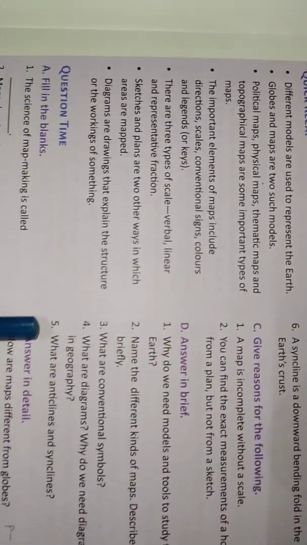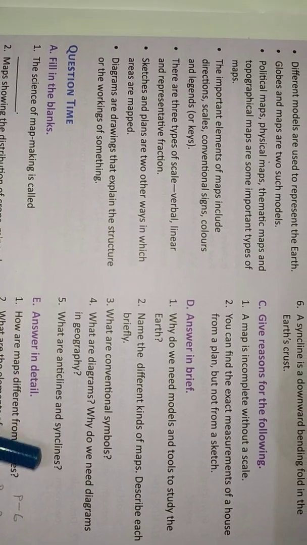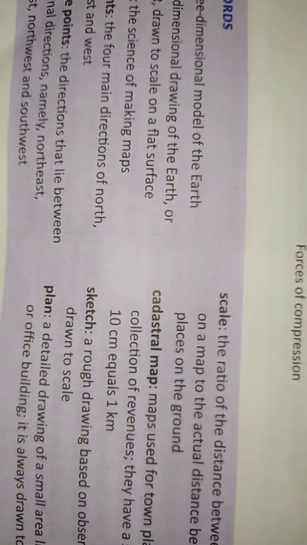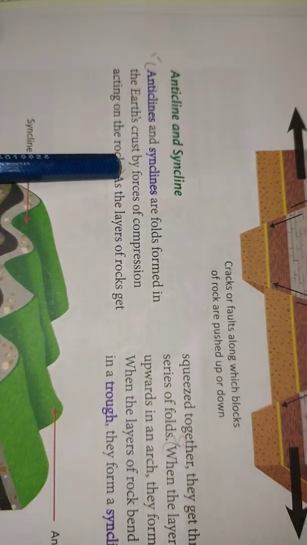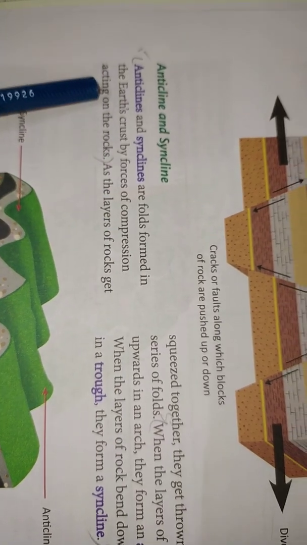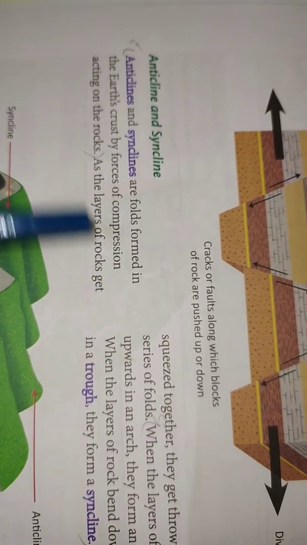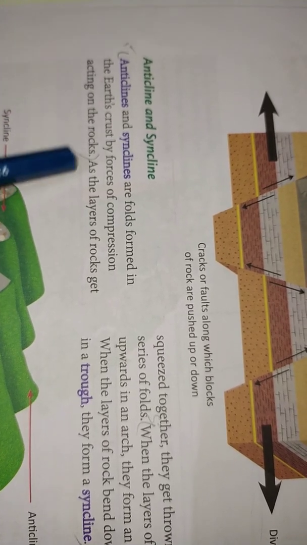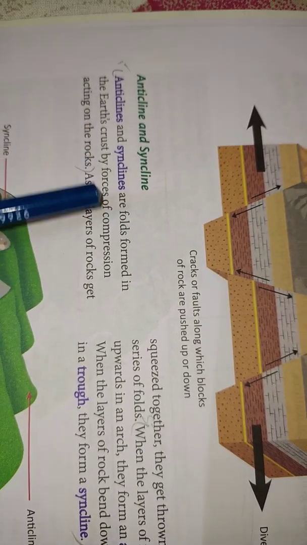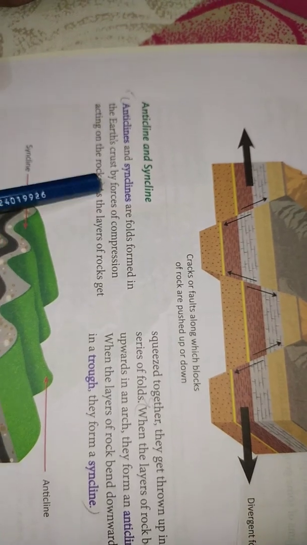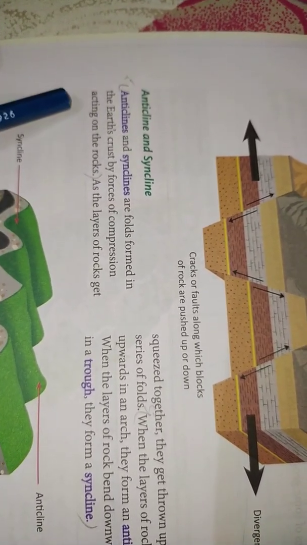Now the question number 5, what are anticlines and synclines? The answer is on page number 8. Anticlines and synclines are folds formed in the earth's crust by forces of compression acting on the rocks.